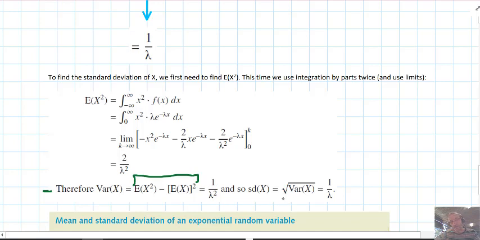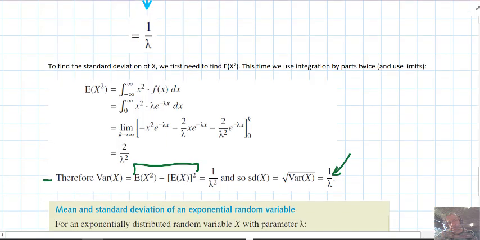Standard deviation is the square root of the variance, so it comes out as 1 over lambda. Okay, that's where it comes from. It's not absolutely essential that you know that, but it's nice to know where things come from. Okay, so again, integration and limits developed that from our previous work.